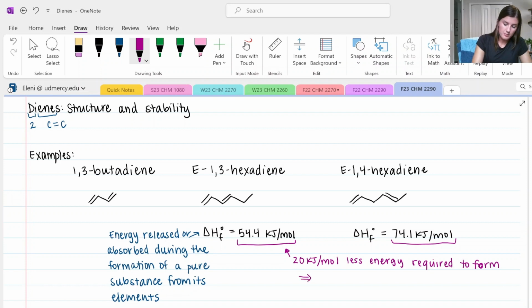So this is a more stable molecule, just because of that placement of the other double bond. This is a more stable molecule, and this is due to conjugation.